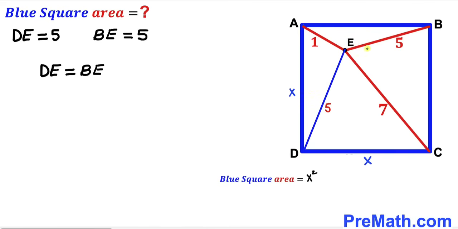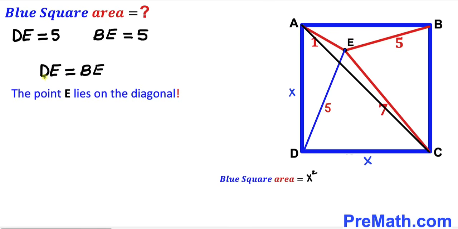So we conclude that these two segment lengths DE and BE are equal in length. And this condition is possible only if the point E lies on the diagonal. So this point E has got to be on this diagonal AC.